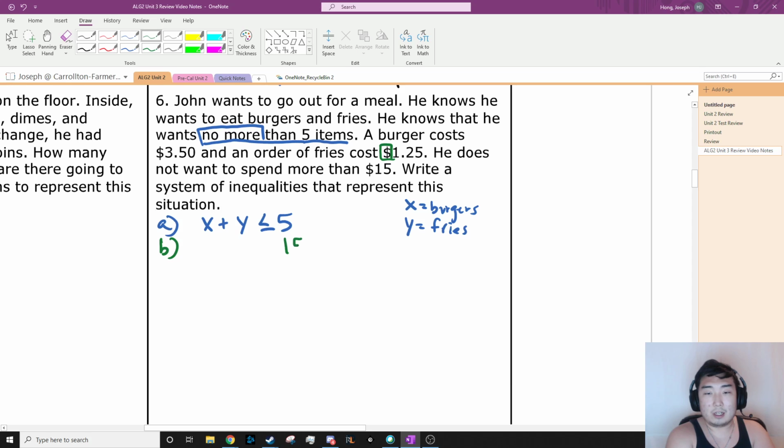So if $15 is his budget, can he spend $16? No, he can't. So my inequality has to face my 15. It has to.